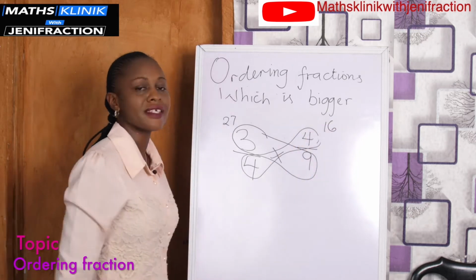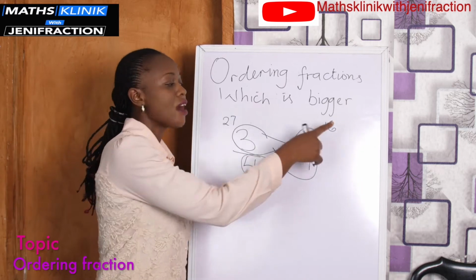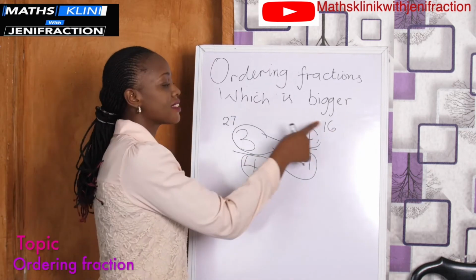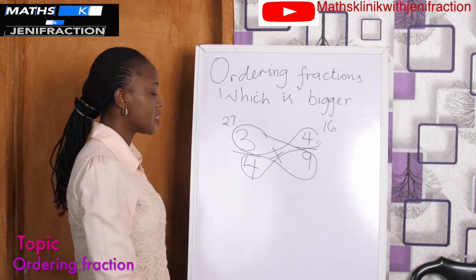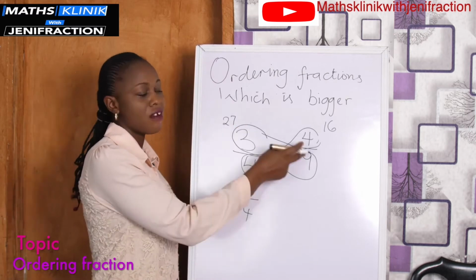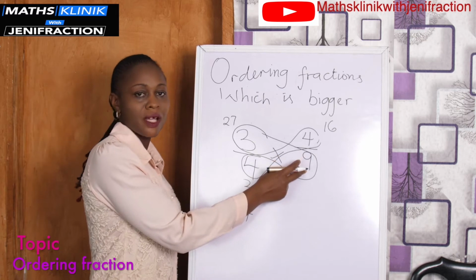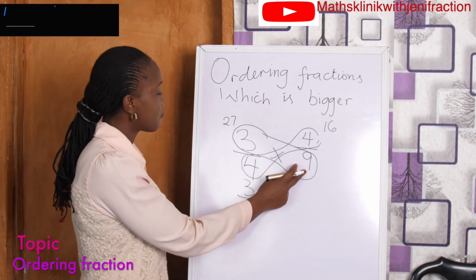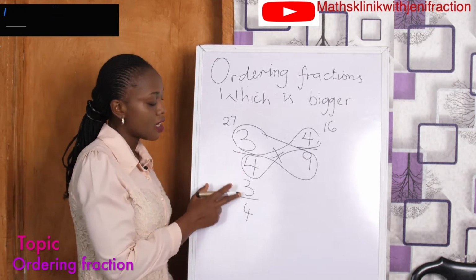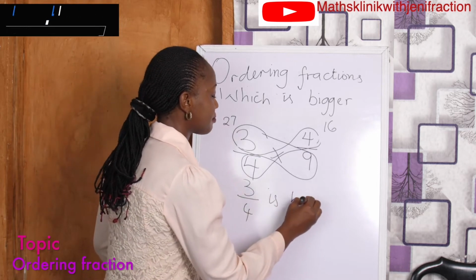I write my 16. So which is bigger, 27 or 16? 27 is bigger than 16. Therefore, we say 3 over 4, not 3 over 9. Don't say 3 over 9, because that's not the fraction. The fraction is 3 over 4. So we say 3 over 4 is bigger.